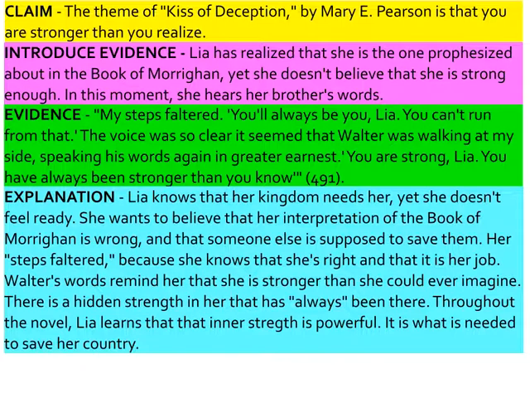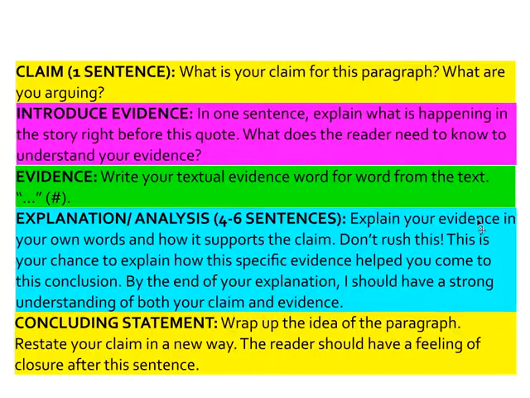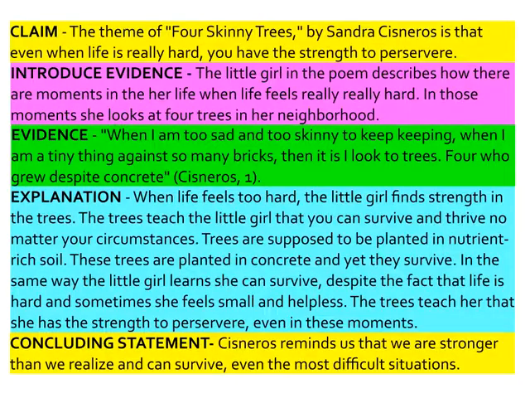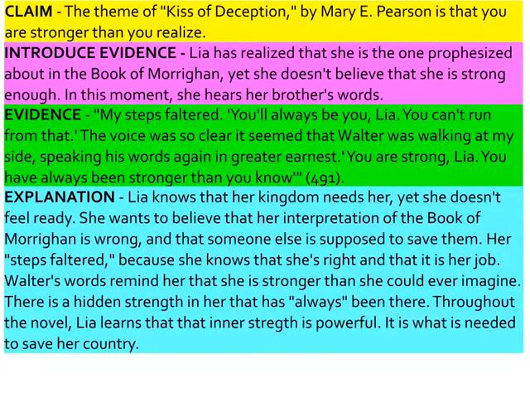So remember in my explanation, I just want to go back and look at the definition of explanation. I'm going to explain my evidence in my own words and how it supports my claim. I'm not going to rush it. I'm going to really explain specific details or clues in my evidence. And I'm going to make sure that the reader has a really clear understanding of both my claim and my evidence. So I do that here.